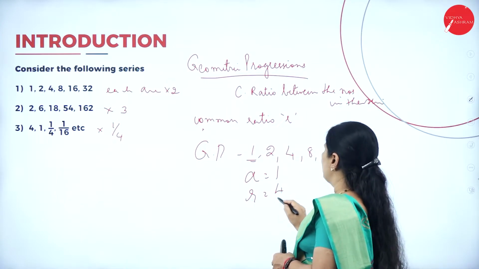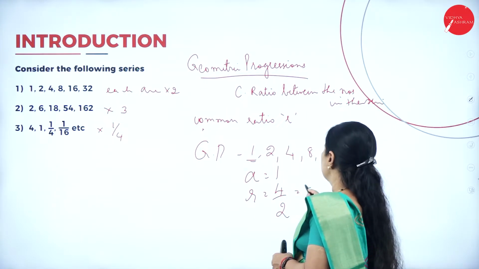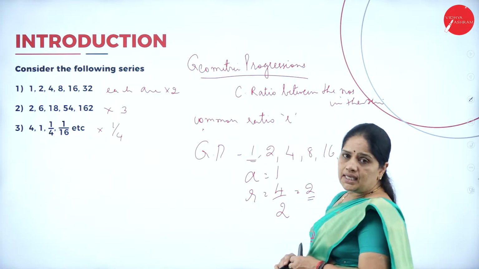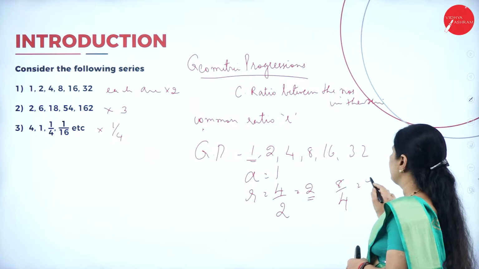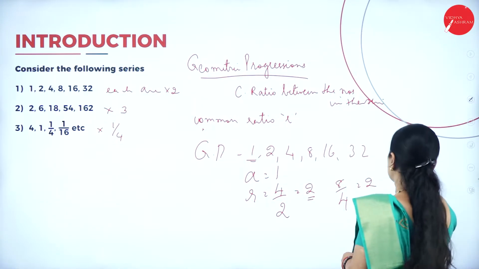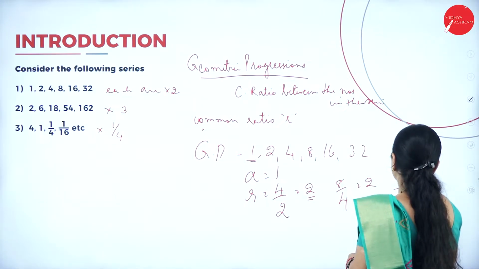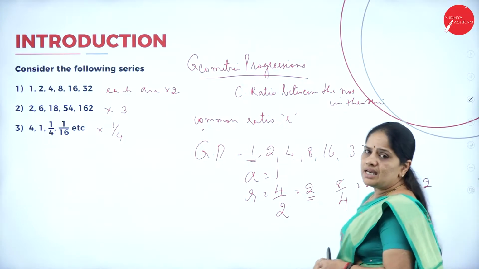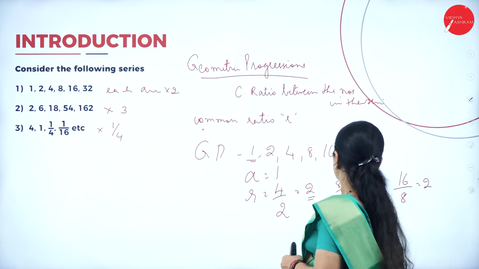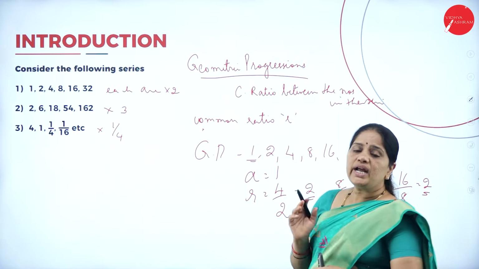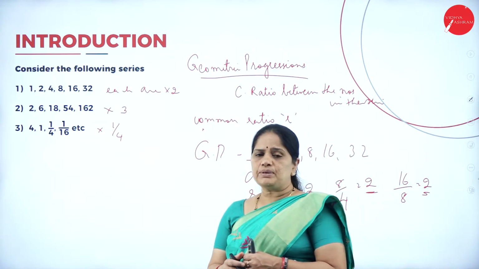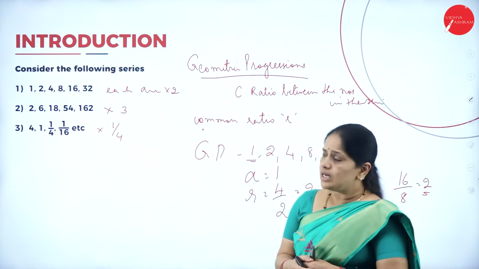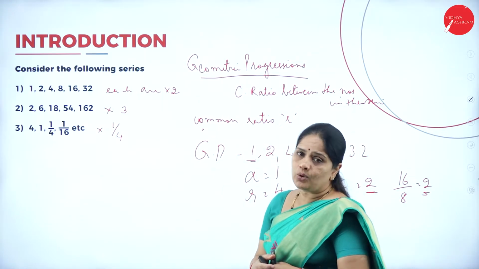Suppose I take 4 divided by 2, 2 is the answer. If I take 8 divided by 4, 2 is the answer. 16 divided by 8, 2 is the answer. So this common ratio remains the same for any two terms of the GP.